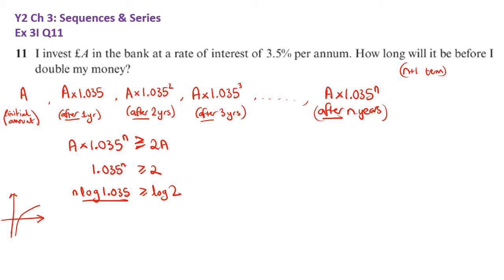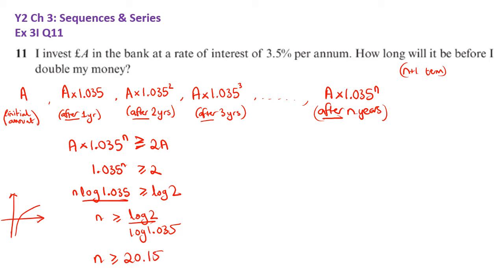Between 0 and 1, my log is negative. After 1, my log is positive. This is a positive number that I'm dividing by. So I'm still looking for n greater than or equal to log 2 over log 1.035.